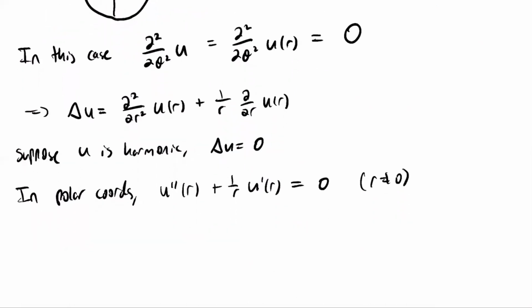Let's multiply by r. So this is equivalent to r times u prime prime of r plus u prime of r is equal to 0.